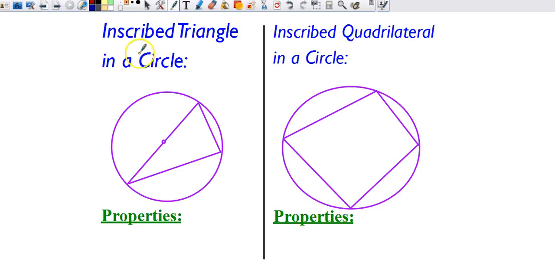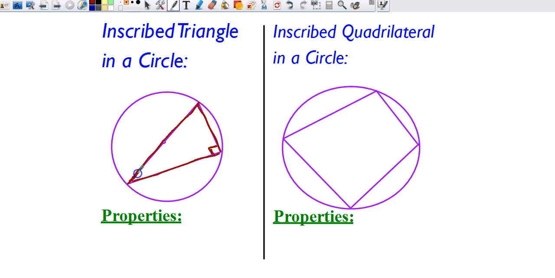All right, we're going to talk about a couple other properties here. First off, if you have a triangle inside of a circle, and one of the sides of the triangle is actually a diameter, then that's going to be 90 degrees.